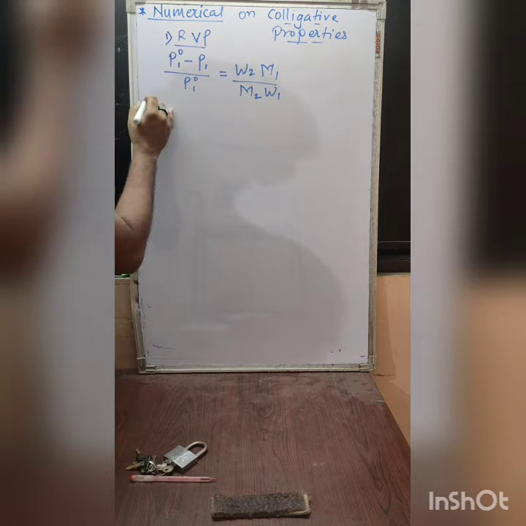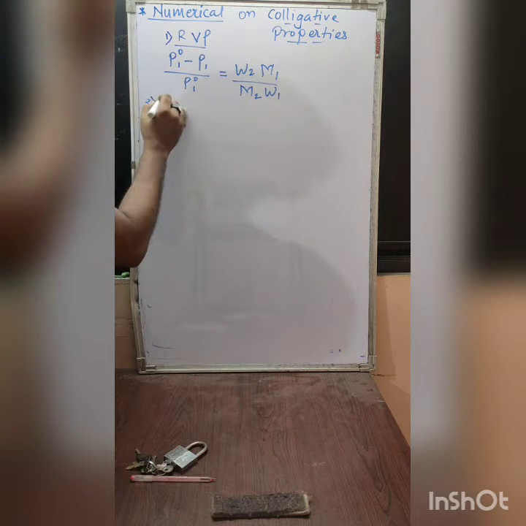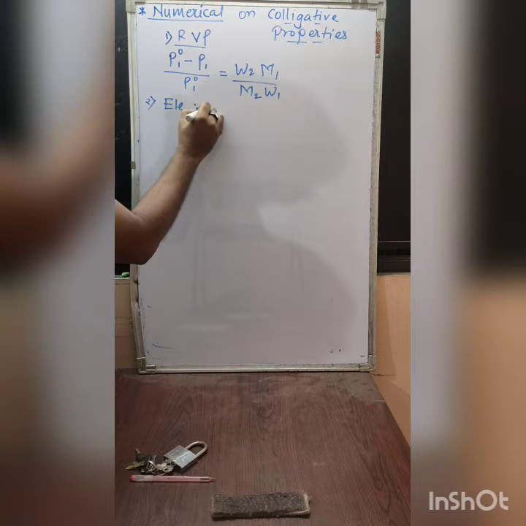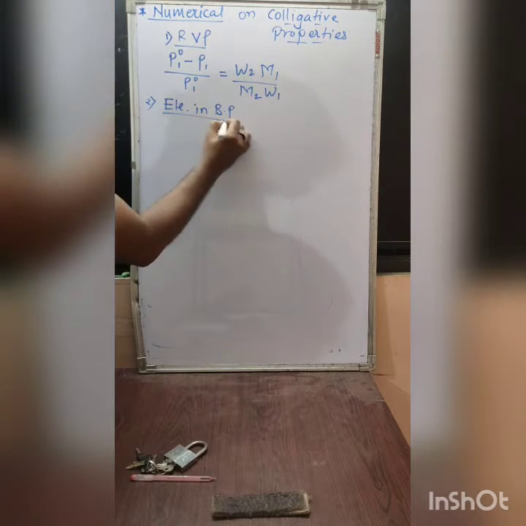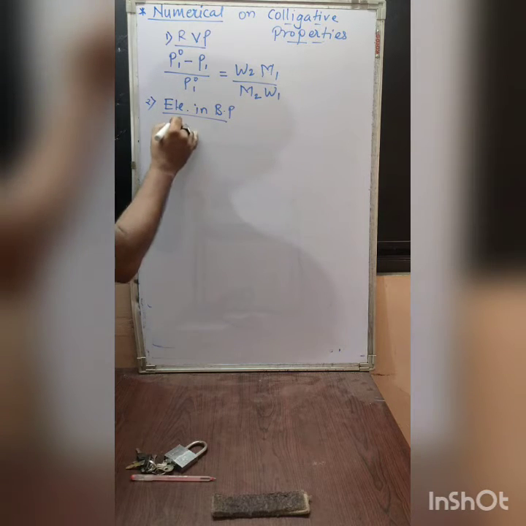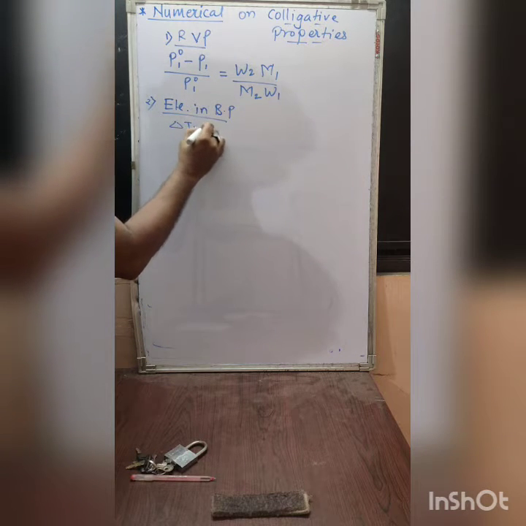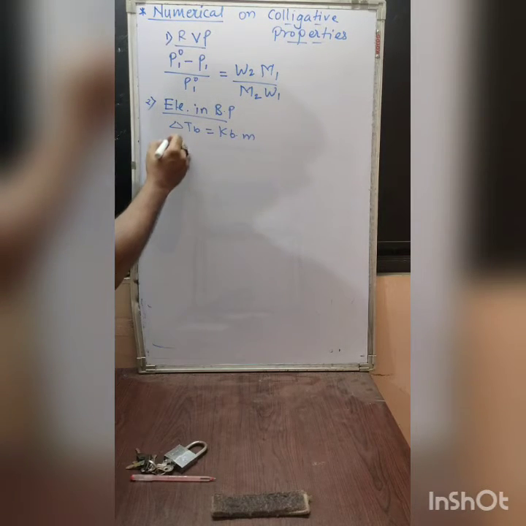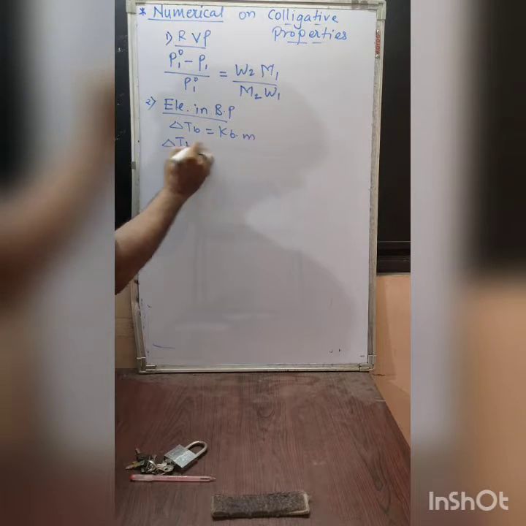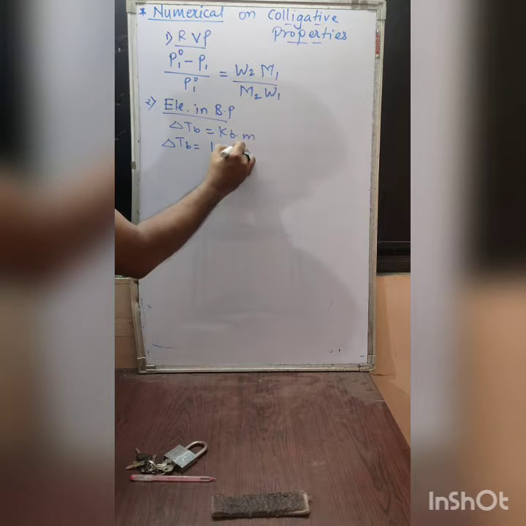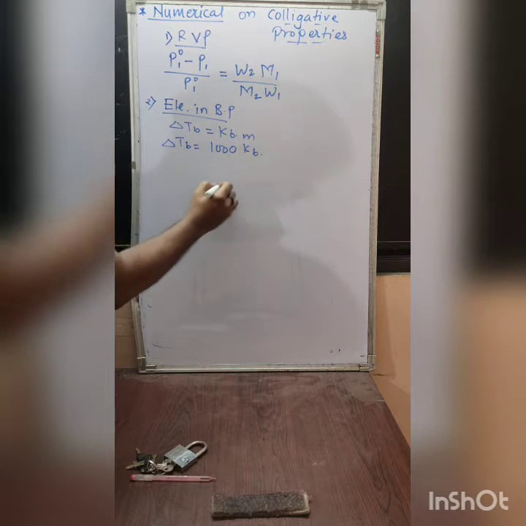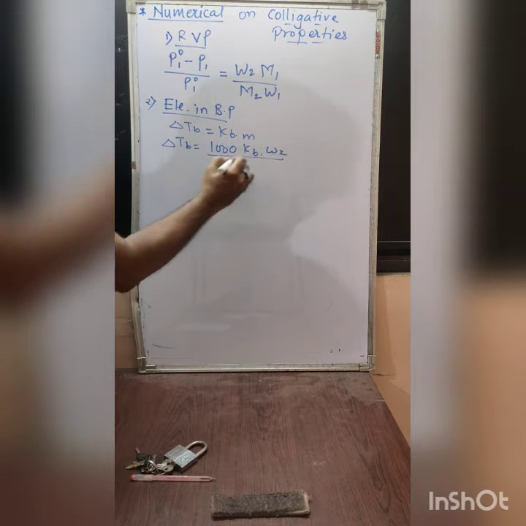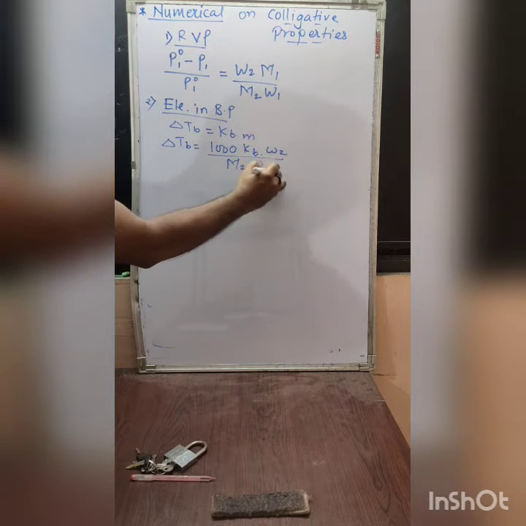Second, elevation in boiling point. In terms of molar mass, delta TB is equal to Kb into m, which gives delta TB is equal to 1000 into Kb into W2 upon M2 W1.